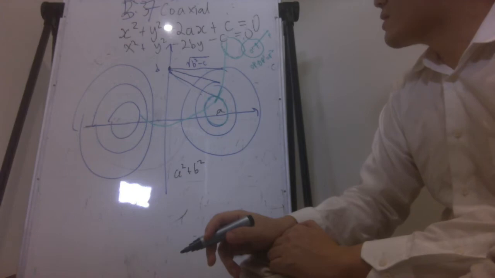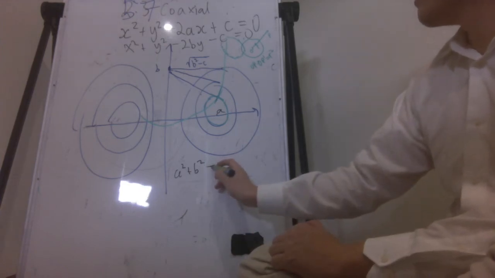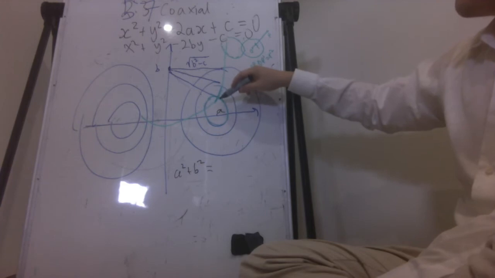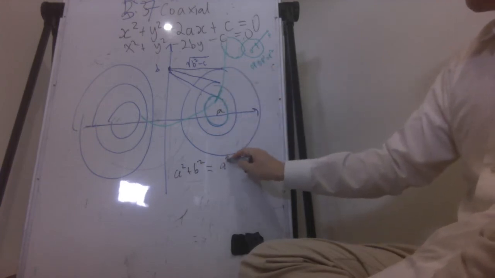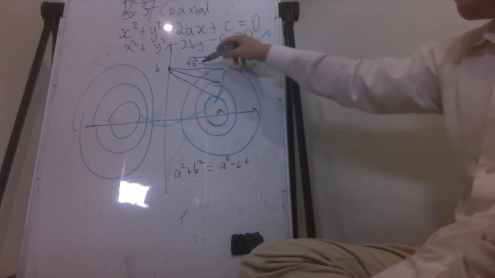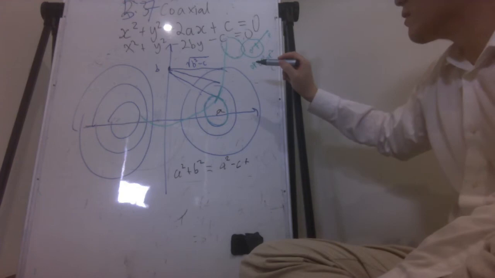And that's supposed to equal the sum of the squares of the radii. So this is A squared minus C, plus B squared minus B squared.